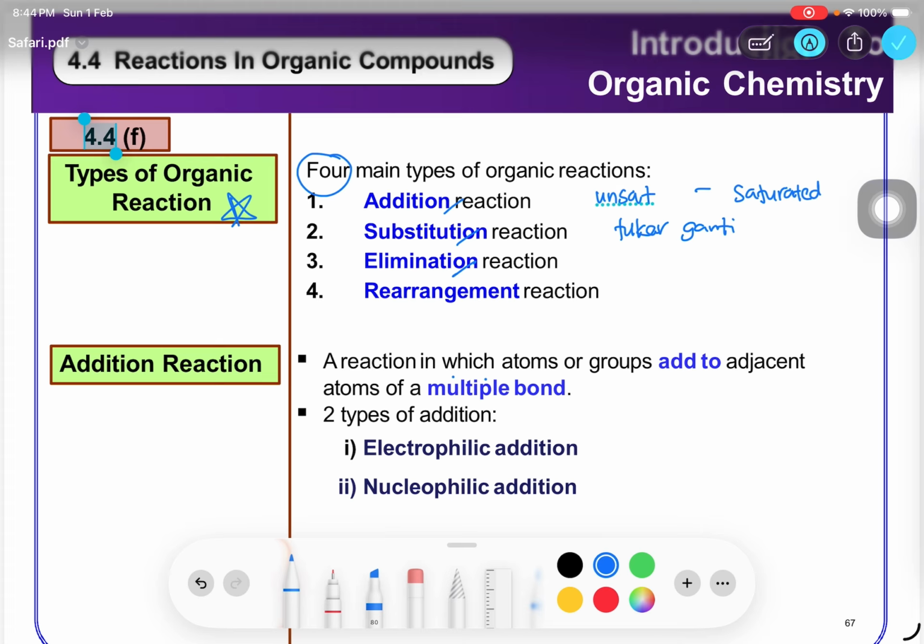The third one is elimination. You are going to remove some or group of atom, which normally will be from saturated to unsaturated compound. Rearrangement is susun semula.